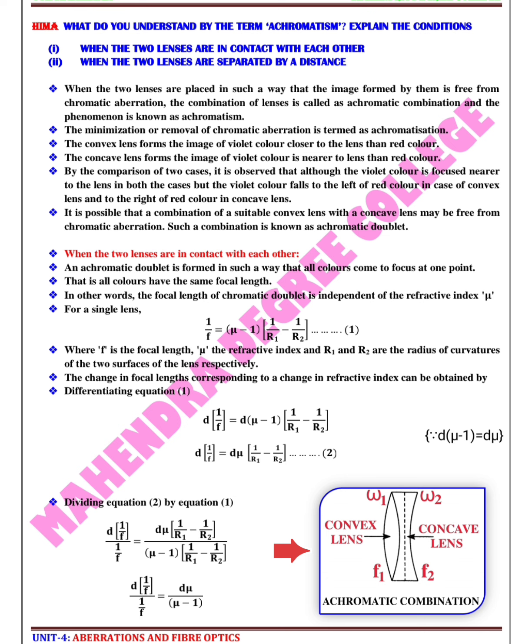This results in a system that focuses all colors of light at a common focal point. The final result of the achromatic combination behaves as a single lens system without chromatic aberration, improving the quality of the image.